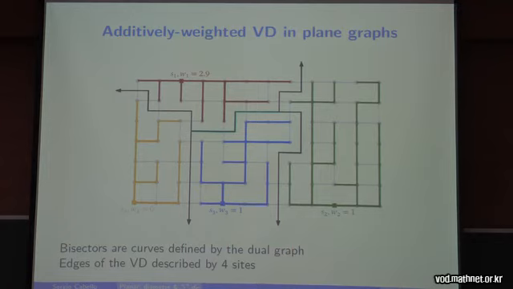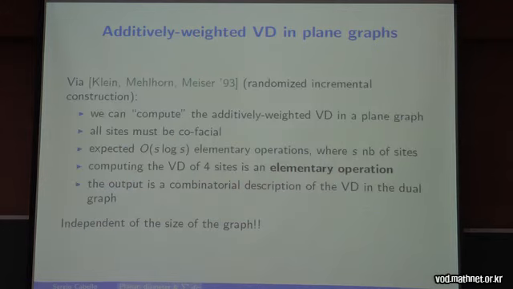So in particular, it's a little bit overkill to use that theory here. I mean, you could just work out all the lemmas again. But Klein, Mehlhorn, and Meiser provided a randomized incremental construction of abstract Voronoi diagrams.